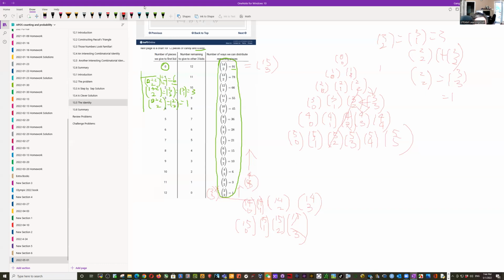Then 4 choose 3 plus 4 choose 2 becomes 5 choose 3. Then 5 choose 3 plus 5 choose 2 is going to be 6 choose 3. This way, for this added column, it started from 3 choose 3 all the way to 15 choose 3. So the last number is 15 choose 3, which is the sum of the whole thing. This is just a chain reaction that happens this way.